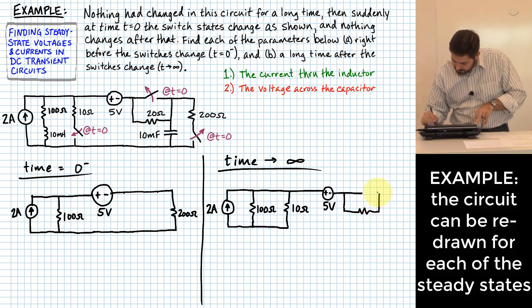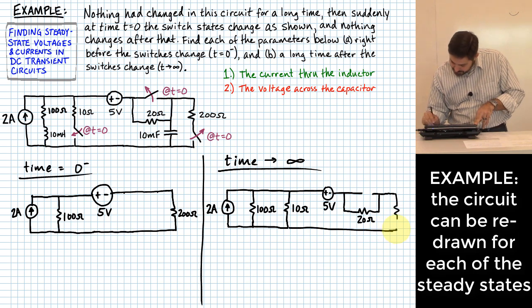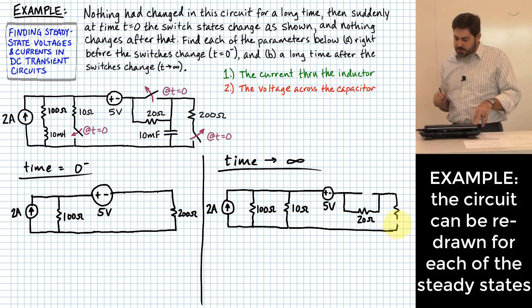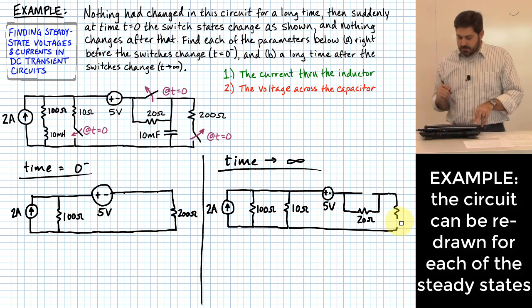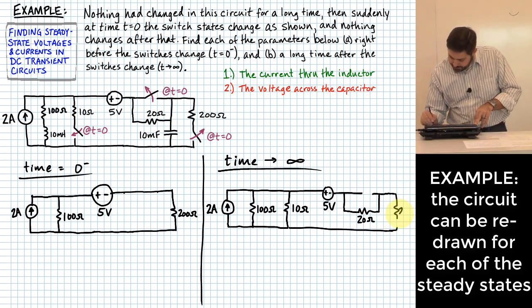And I'm just going to show gaps in the circuit where the switches were. Then we're going to have our 200 ohm resistor here. But then there's a gap there also because there's an open circuit at that location. With me so far? So that's my 200 ohm over there.